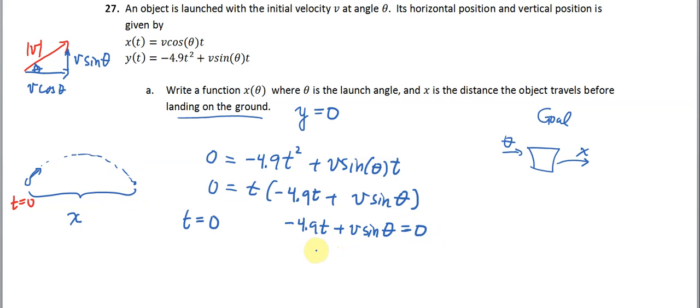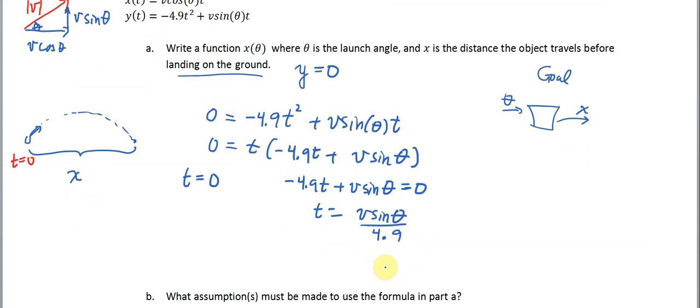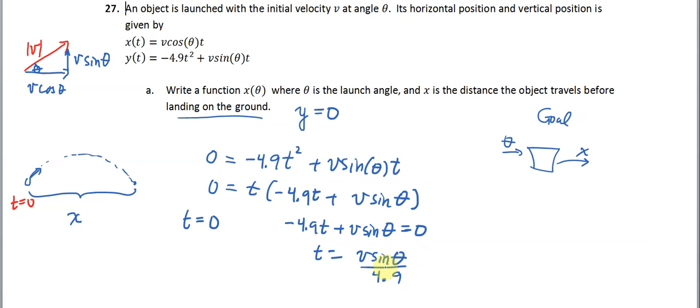So solving for t, I get that t must be equal to, and I'm going to move v sine theta to the right side, then divide by 4.9. So I get v sine theta, all of this over 4.9. Now I'm going to take that whole expression and substitute it into the x equation.